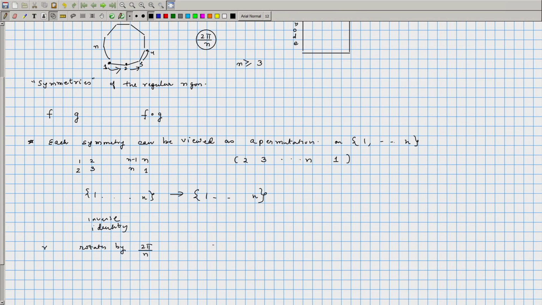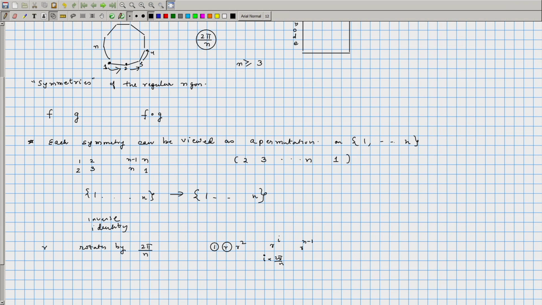So, if you look at these elements 1, r, r square, up to r raised to n minus 1, they are all symmetries. Okay. So, 1 means do not do anything, or the identity symmetry, and r is rotate by 2 pi by n, r square is rotate by 2 times 2 pi by n, r raised to i is rotate by i times 2 pi by n, and so on. Okay. So, these are some of the symmetries.